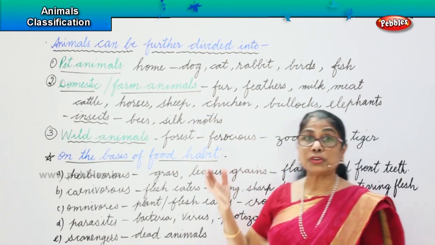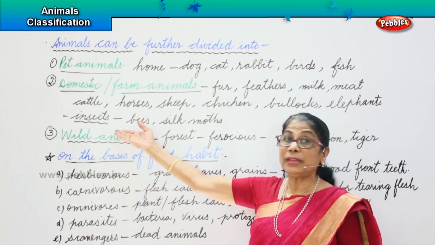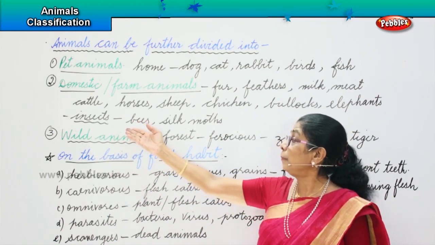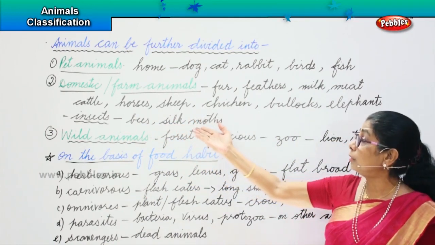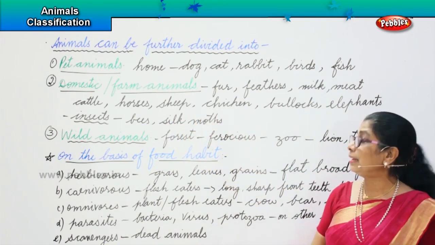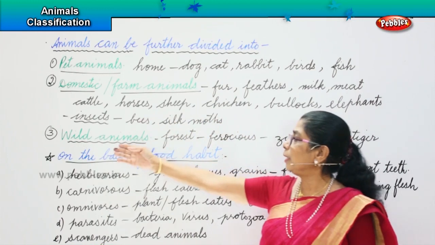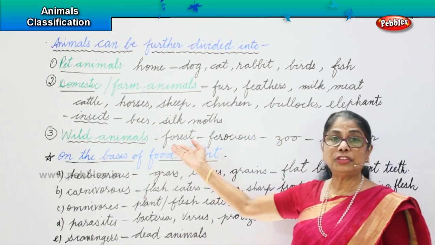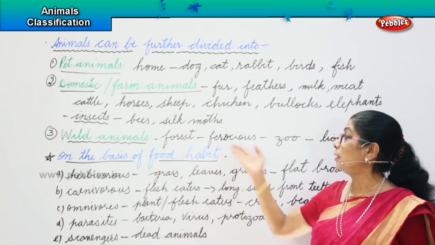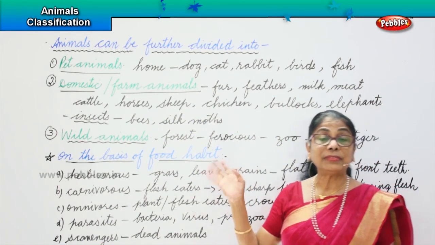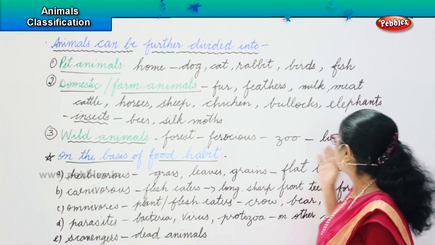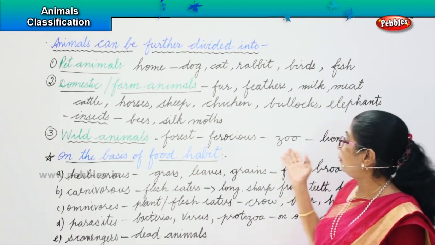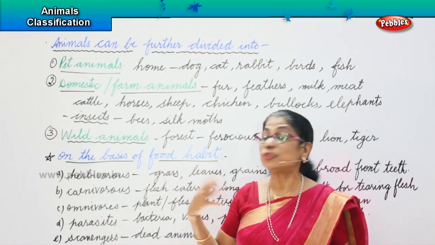They are also used for transportation. Then we keep insects in the farm to collect honey. So bees are kept, silk moths are kept to collect silk thread. Then third, we have wild animals that live in the jungles, in the huge forests. They're very ferocious, they're dangerous. Some of them like tigers and lions are kept in the zoo for us to look at.